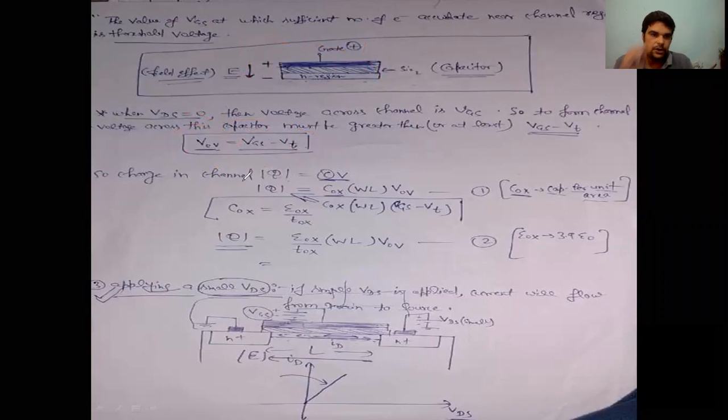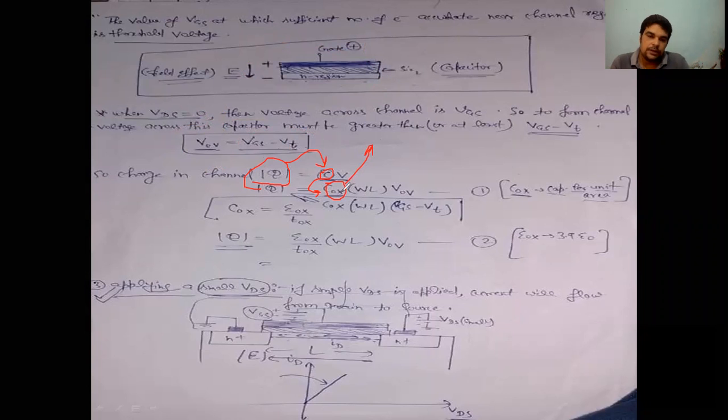Okay, so if I want to calculate the charge in the channel Q, then Q is equal to CV. What is C? C is the MOS capacitance, which will be defined in terms of COX. COX is the oxide layer capacitance per unit area.